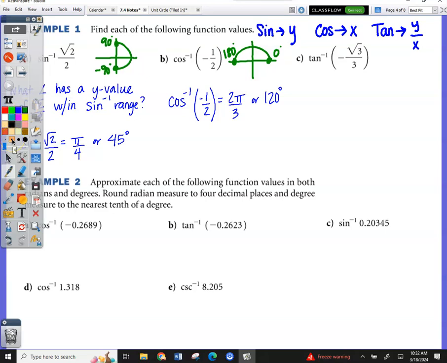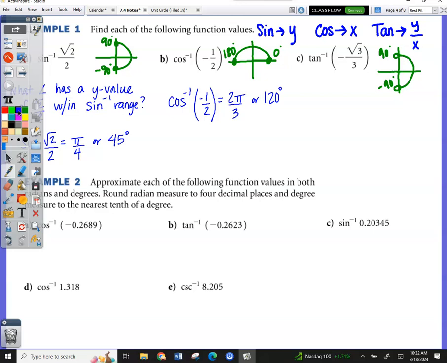Tan, if you go to your formula sheet, find tan inverse. It's negative 90 to 90, right?